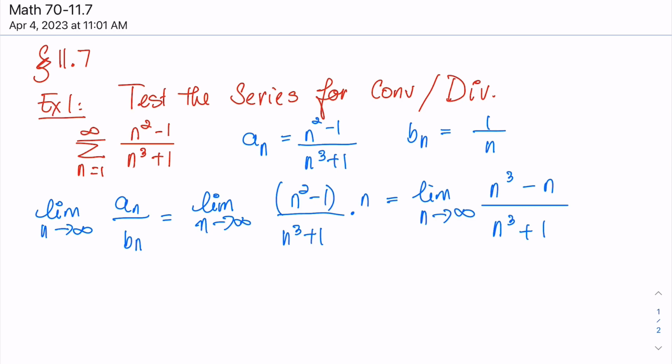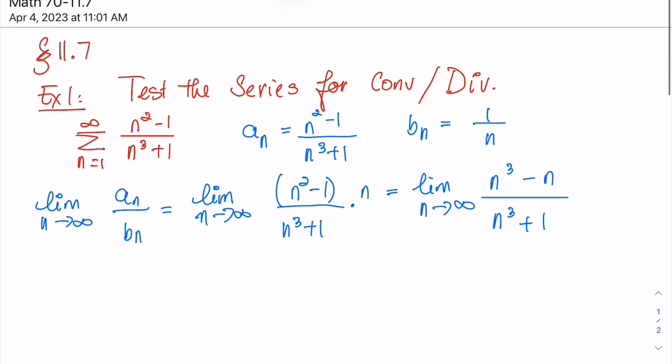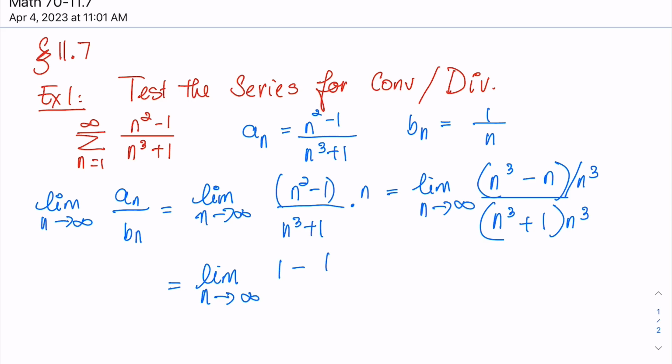Now, since we want to take the limit, I'm going to divide everything by n cubed. So we end up with the limit as n approaches infinity of 1 minus 1 over n squared over 1 plus 1 over n cubed. This one is going to go to 0, and this one is going to go to 0.